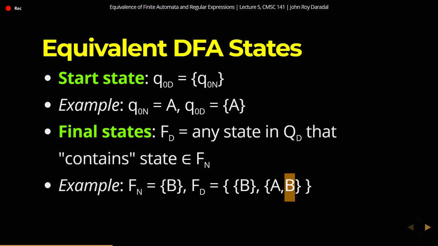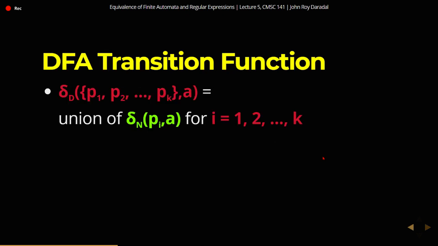Those are also accepted in the equivalent DFA, because remember that we accept strings in the NFA as long as one of the paths leads to a final state. It doesn't matter that you ended up in other states. As long as one of the states is a final state, then that is accepted. So we'll also model that in the equivalent DFA.